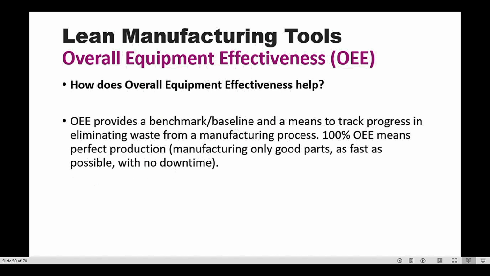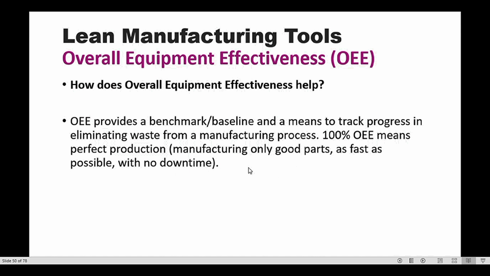So how does overall equipment effectiveness help? It provides the benchmark, baseline, and a means to track progress in eliminating waste from the manufacturing process. 100% overall equipment effectiveness means perfect production has been done: manufacturing only good parts as fast as possible with no downtime.